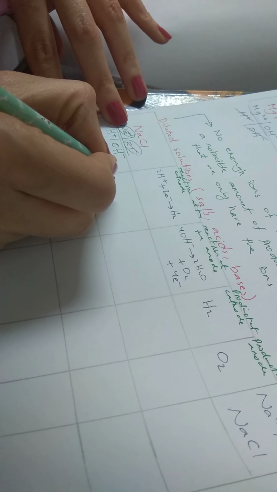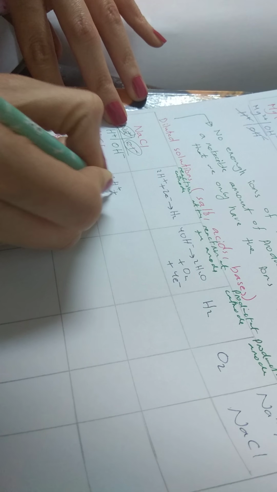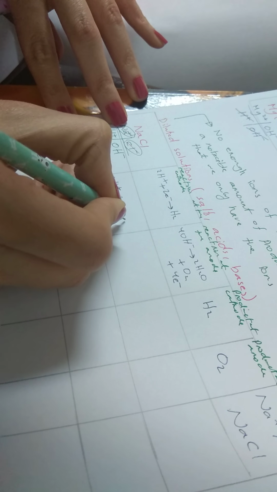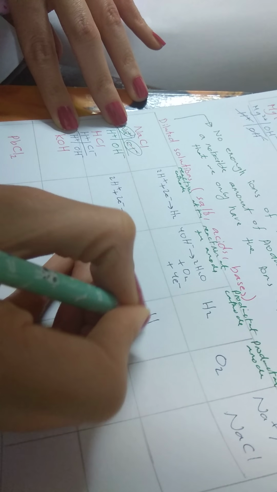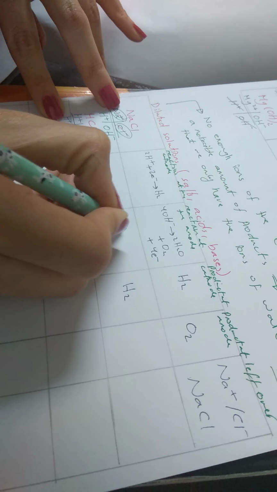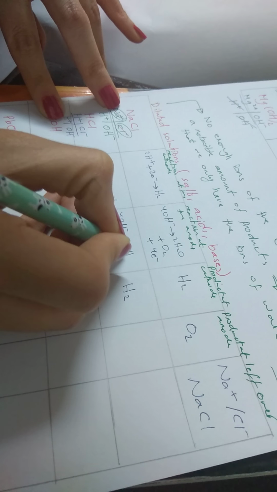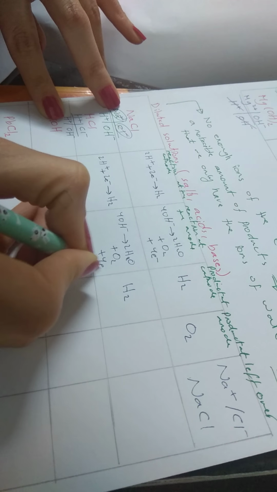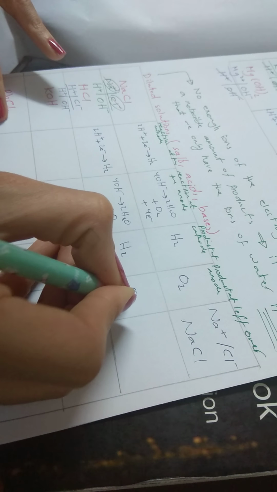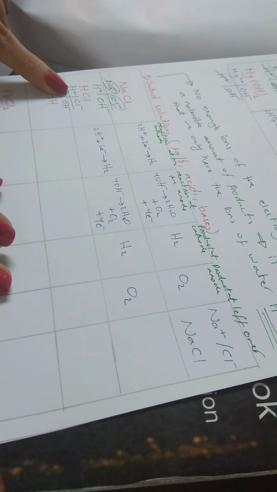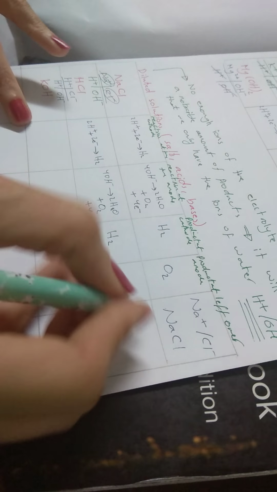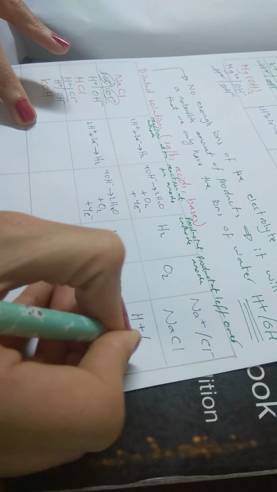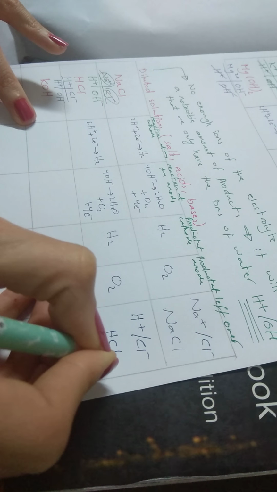So the H plus from water and the OH minus from water as well. And the leftover are the H plus and the Cl minus, which will give the HCl.